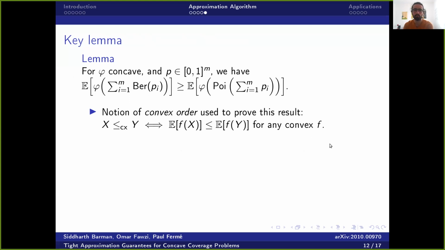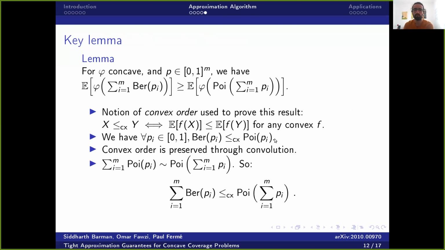And this is the following. And one can show that it's true for Bernoulli and Poisson. And since it's preserved by convolution, and this Poisson law follows some nice additive law, we get the wanted convex order inequality, which gives this main inequality we need for our theorem. Okay, I won't go into more details, but this is the key idea to prove this approximation guarantee theorem.